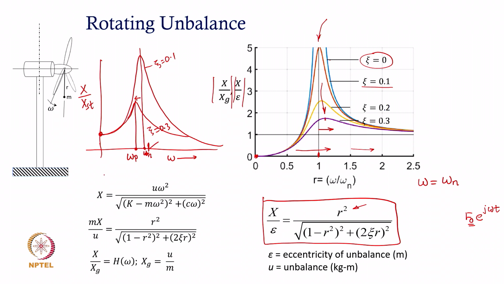So, this peak frequency, do you recall what was the expression for this peak frequency for the case of constant amplitude excitation force? If you remember, this is square root of 1 minus 2 zeta square. So, if zeta is 0, this omega p will be at the undamped natural frequency as expected, but as zeta increases it will slightly reduce.